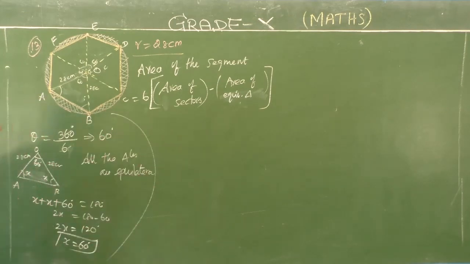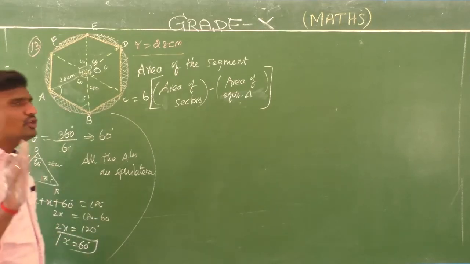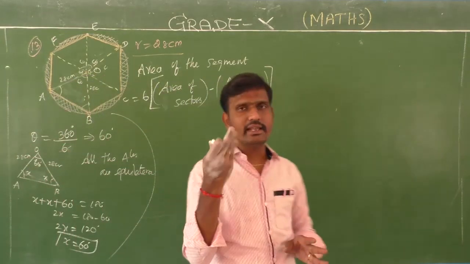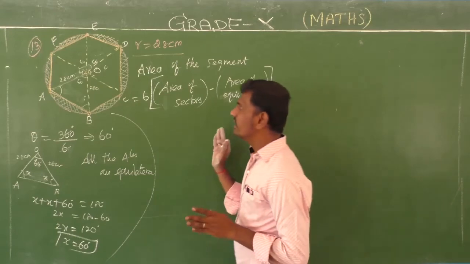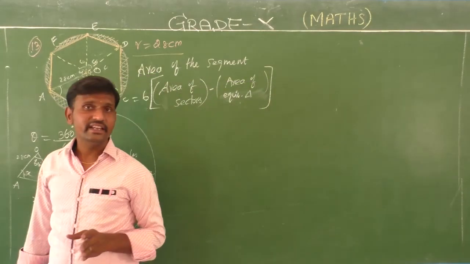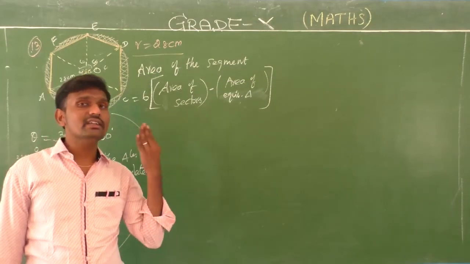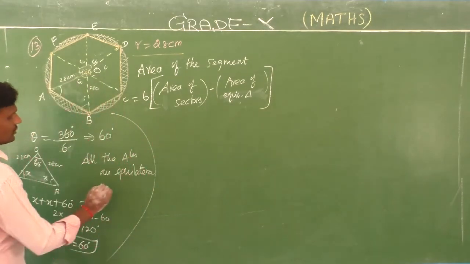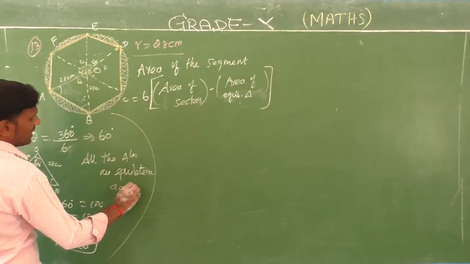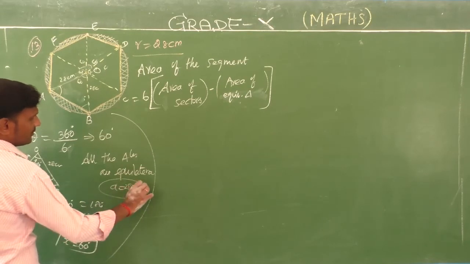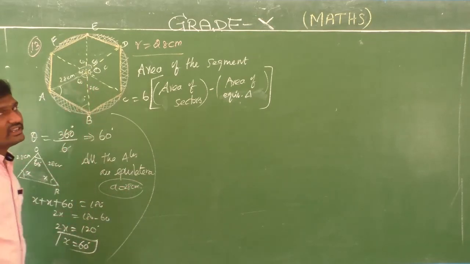Now I am going to substitute the values. From the equilateral triangle, all the sides are equal, so that is the radius, 28 centimeters. So the side of the equilateral triangle is also 28 centimeters, and the radius is also given as 28.